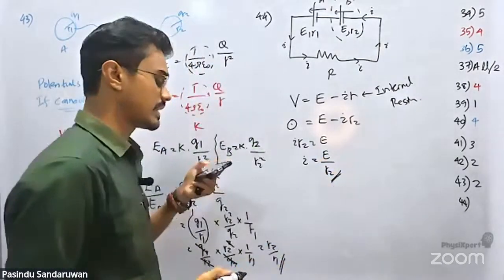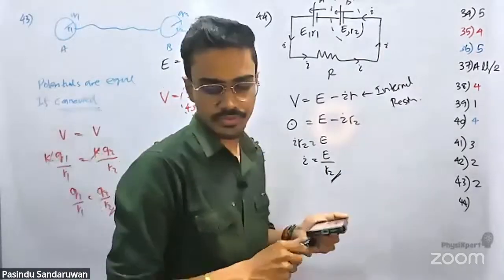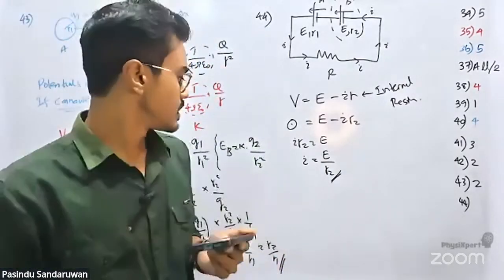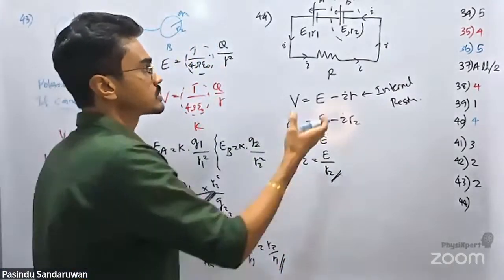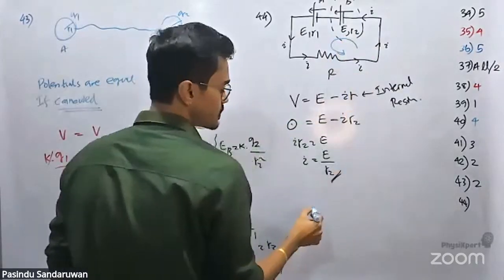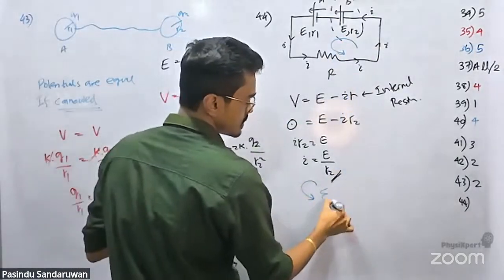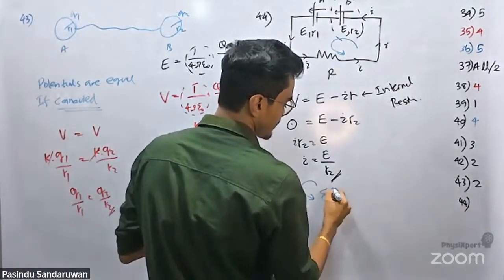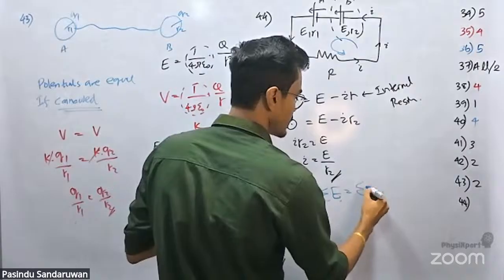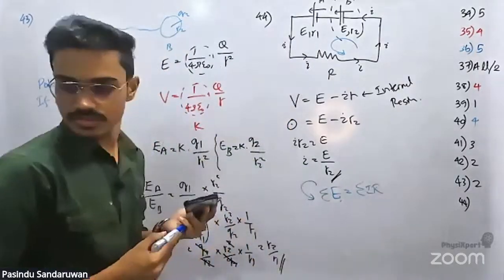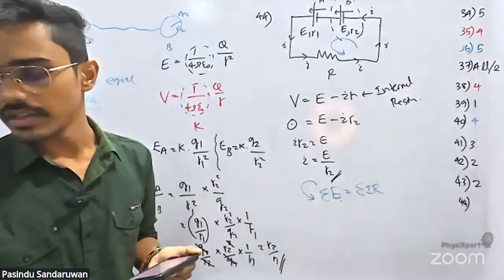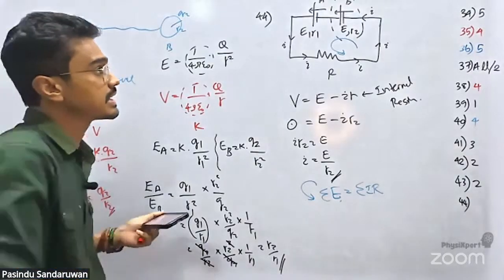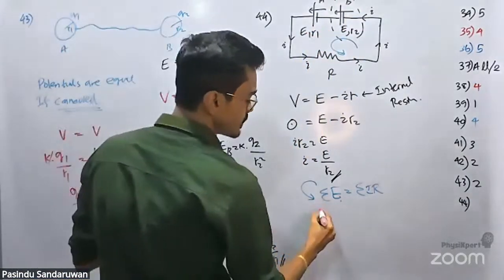So having that in hand, I'm going to use Kirchhoff laws for this loop, in this direction. Sigma E equals sigma IR. Sigma E again, E plus E, 2E.